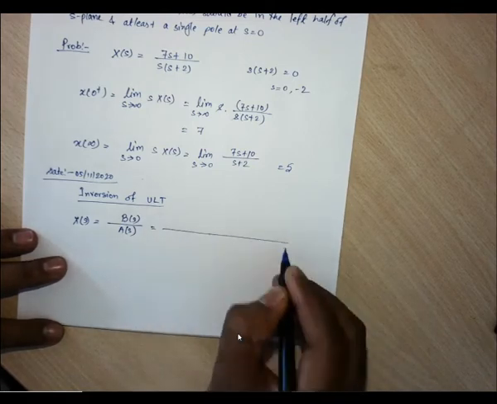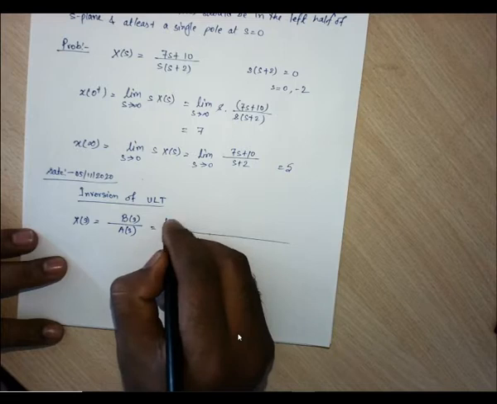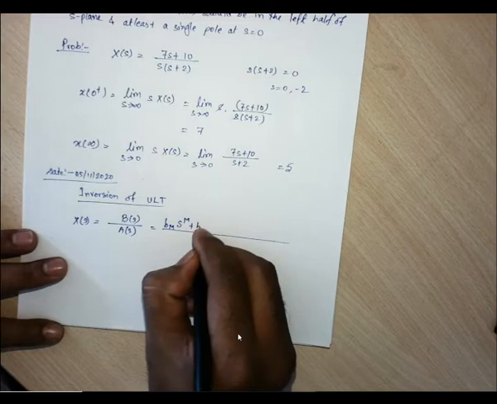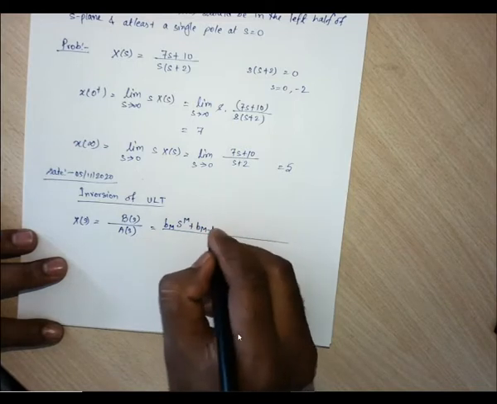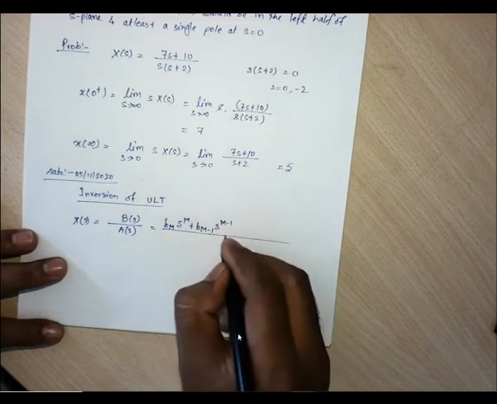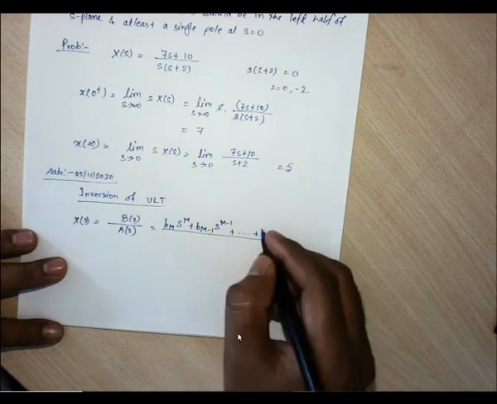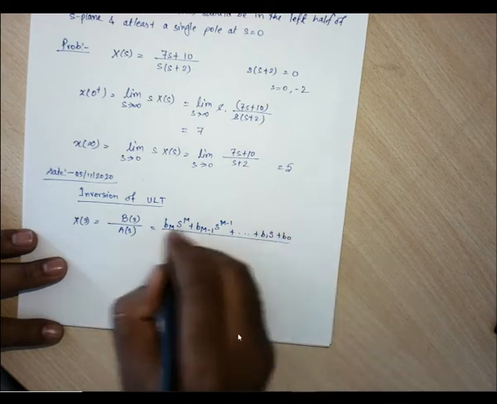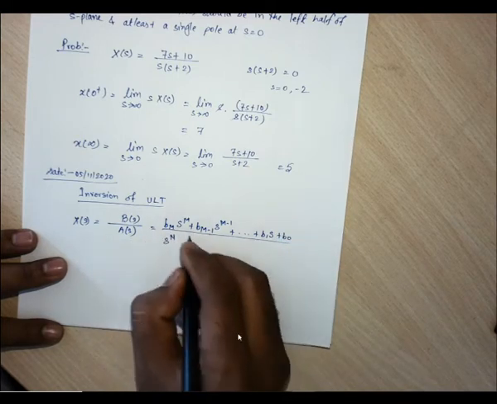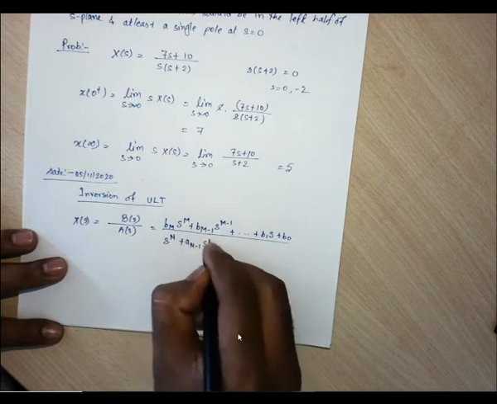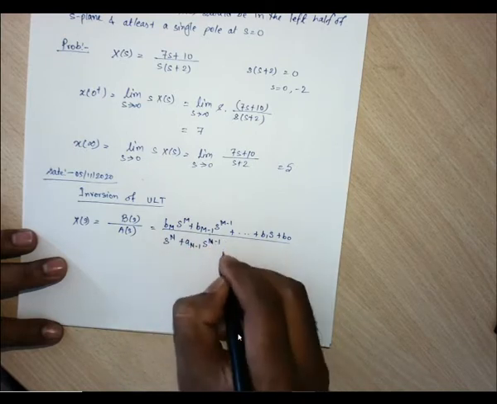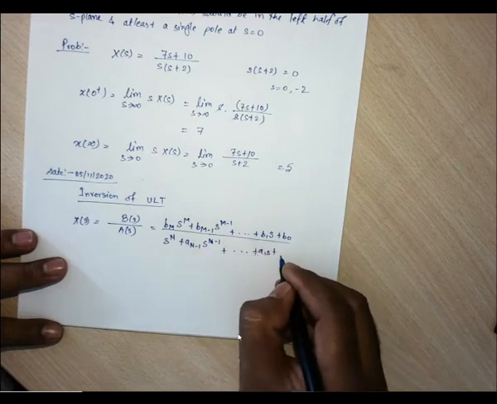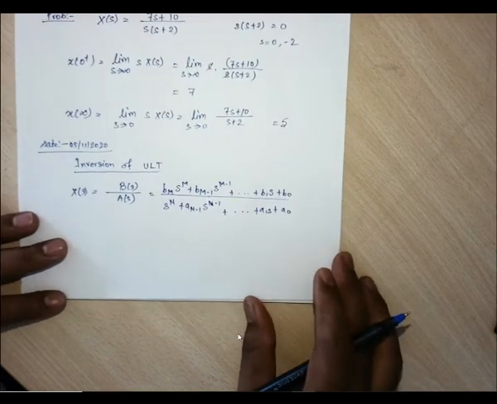This representation is known as the representation using partial fraction expansion. So if we consider B(s) and A(s) to be polynomials, we can write them like this: A(s) = s to the power n plus a(n-1) s to the power n-1 plus dot dot dot plus a1 s plus a0.